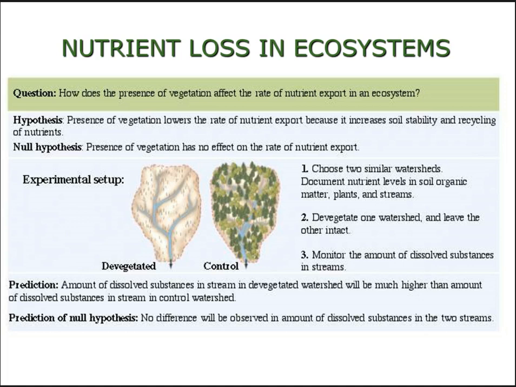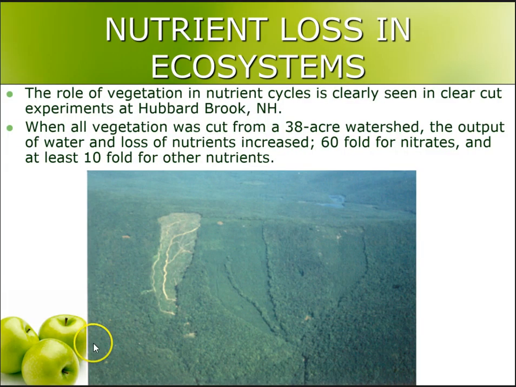And so the question that they asked was, how does the presence of vegetation affect the rate of nutrient export in an ecosystem? It turned out that they deforested part of this area, and then they had an area that was still forested, and they had different things there.